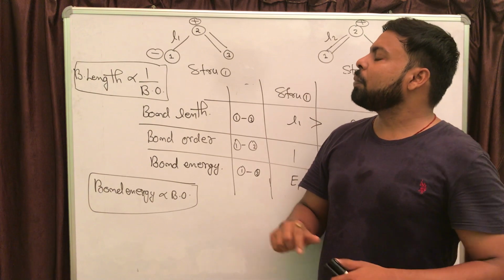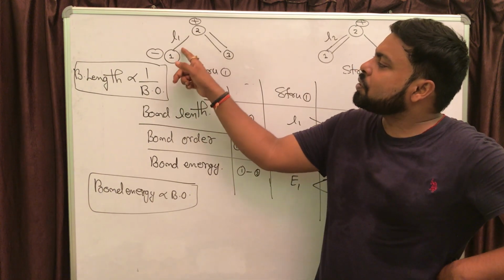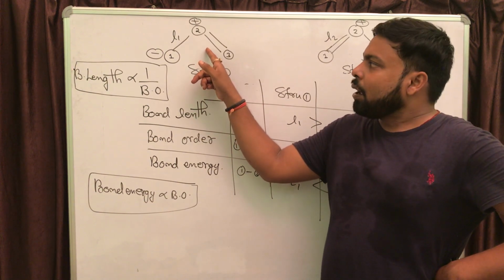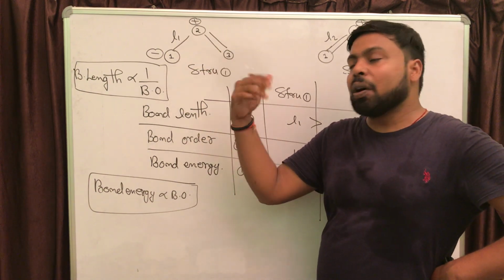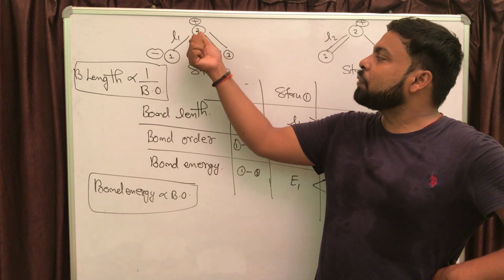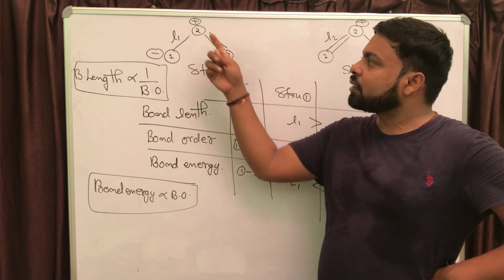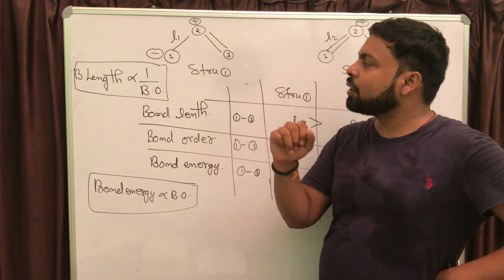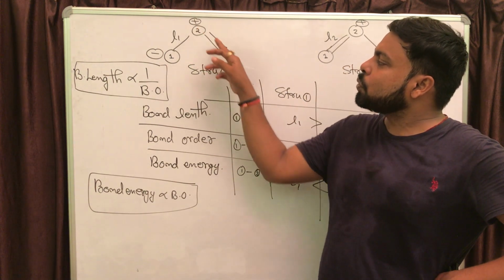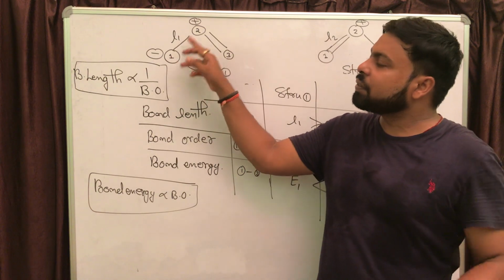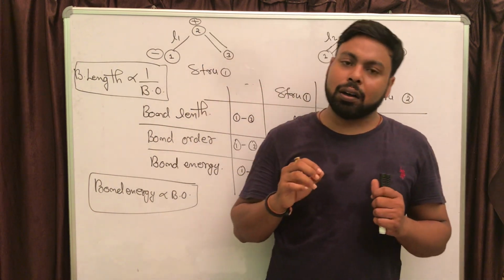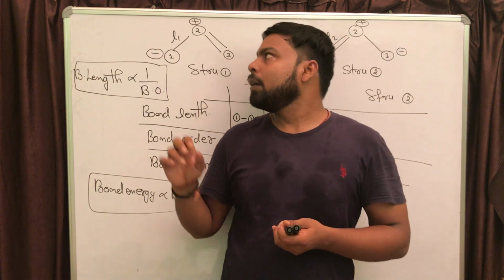If you compare the bond order between oxygen 1 and 2, it is 1. Between 2 and 3, it is 2. So the bond length between oxygen 2 and 3 will be shorter than the bond length between oxygen 1 and 2, and the bond energy between oxygen 2 and 3 will be more than that between 1 and 2. So what is happening in an ozone molecule?